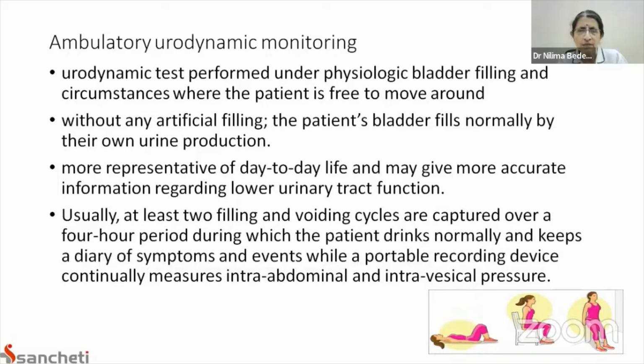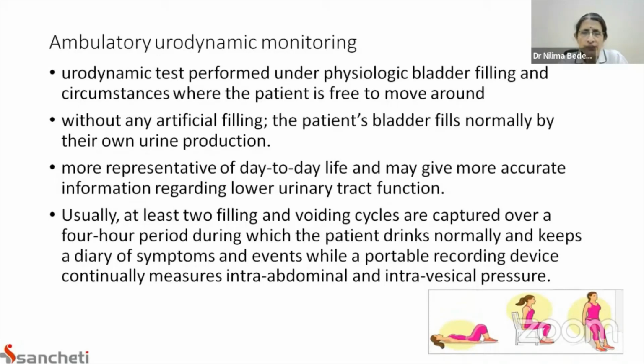The patient's bladder fills normally with its own urine production, because when filling the bladder externally, if the speed is more, that can also irritate the bladder, and a bladder that is normally not overactive can respond in that sensory way. So it is very important that it is filled naturally with the person's own urine, and it can be more representative of day-to-day life and may give more accurate information.